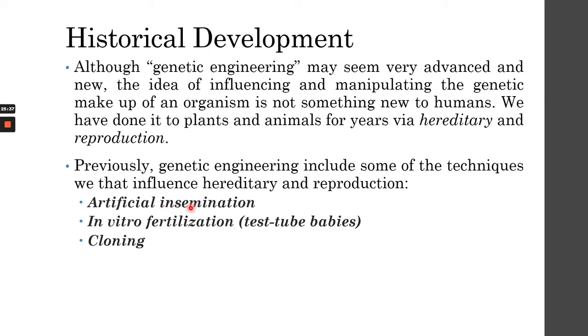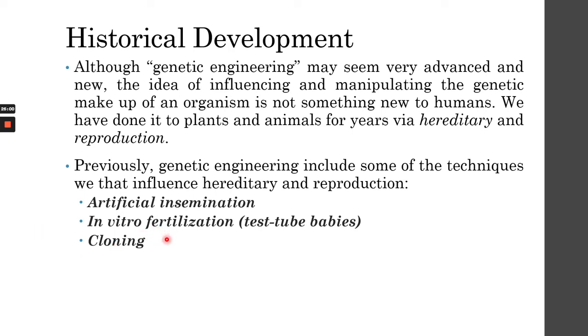So that's what artificial insemination is, so that the female can have babies. We can specifically choose which male animal we want, specifically if this male animal has a characteristic that we want to manifest in its offspring.